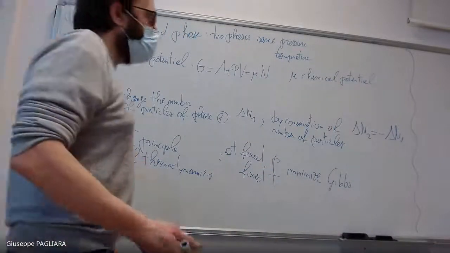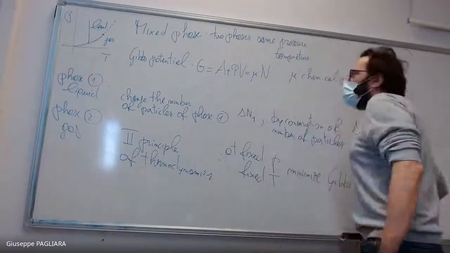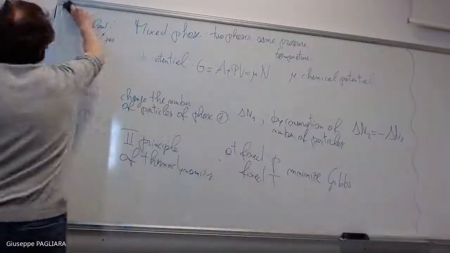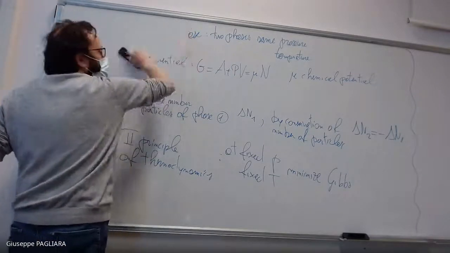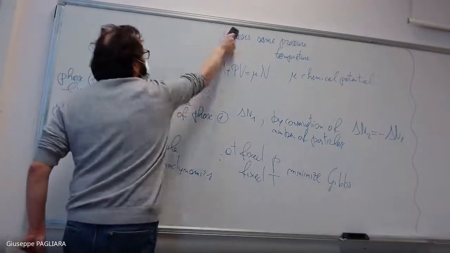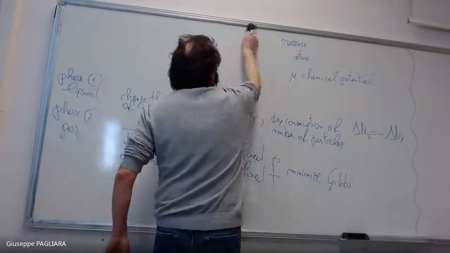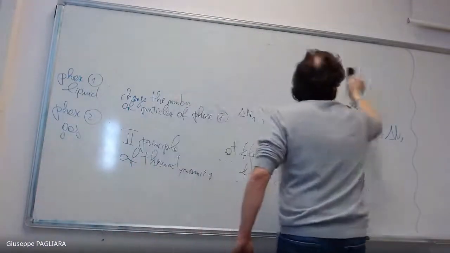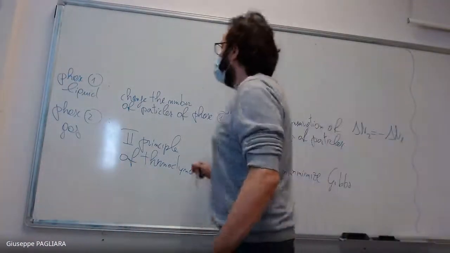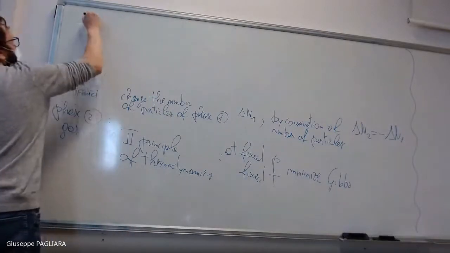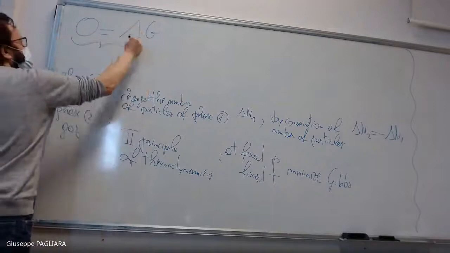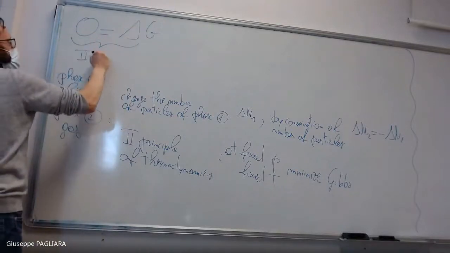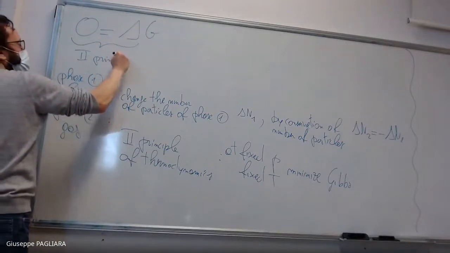And at equilibrium, that means also that the variation of the Gibbs potential must be 0, because there is no other way to make smaller the Gibbs potential. So the total variation of the Gibbs potential must be 0. This is from the second principle.